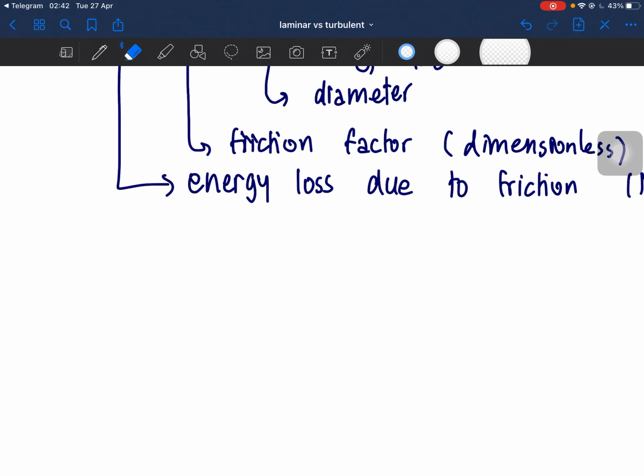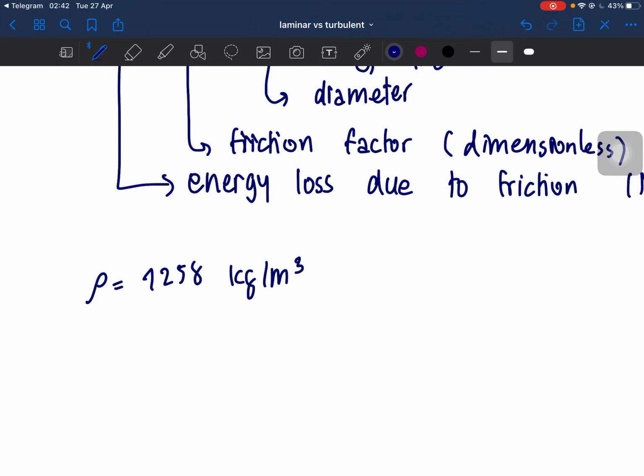It's the same glycerin at the same temperature as well. So density is equal to 1258 kilograms per meter cubed, and viscosity is equal to 9.6 times 10 to the minus 1 Pascal second.